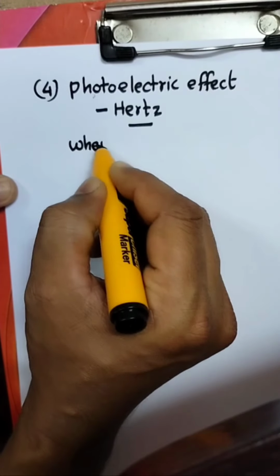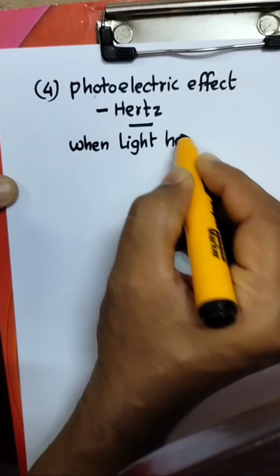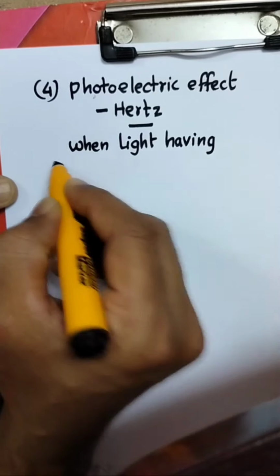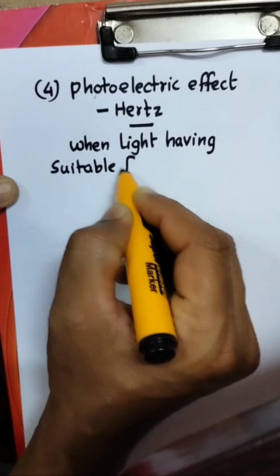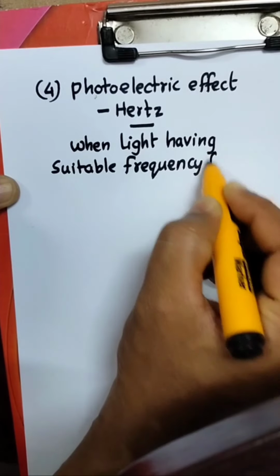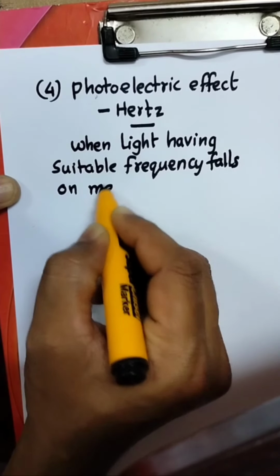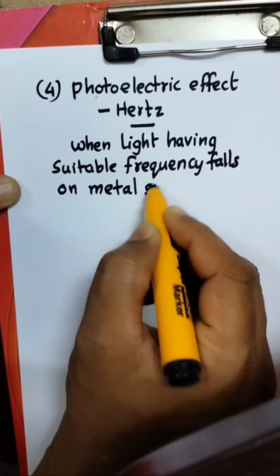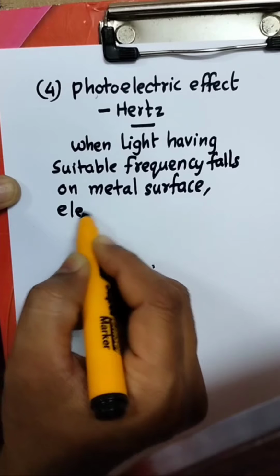When light having suitable frequency falls on a metal surface, electrons are ejected.